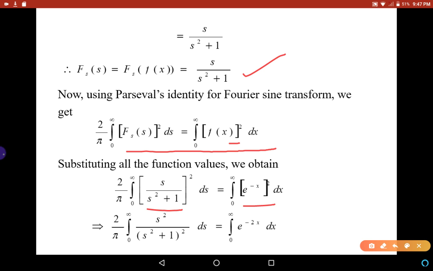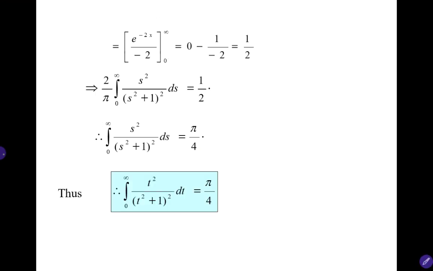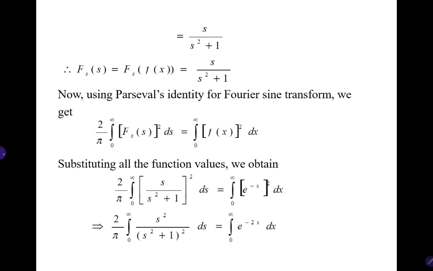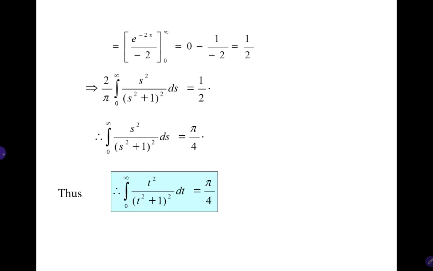So we get 2 by pi integral 0 to infinity s square by s square plus 1 whole square ds is equal to the integral 0 to infinity e power minus x whole square, which is e power minus 2x. And the integral of e power minus 2x is e power minus 2x by 2 within the limits 0 to infinity. If we substitute the limits and simplify, we get the value of this integral as 1 by 2.